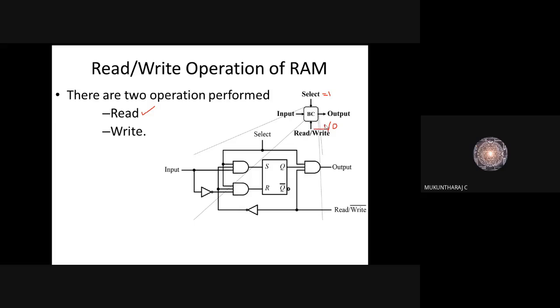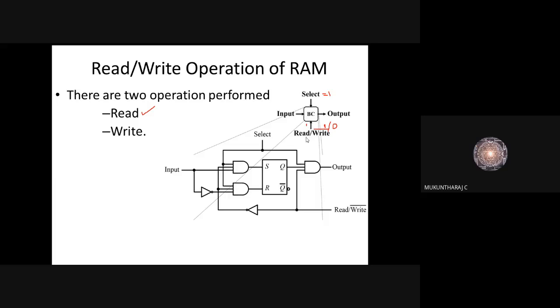So 1 is the normal form, read, where write is represented as write bar. When you give logic 0 on this control line, you can do the write operation. Now I'm going to do the read operation, so I'm selecting logic 1 on this control line.